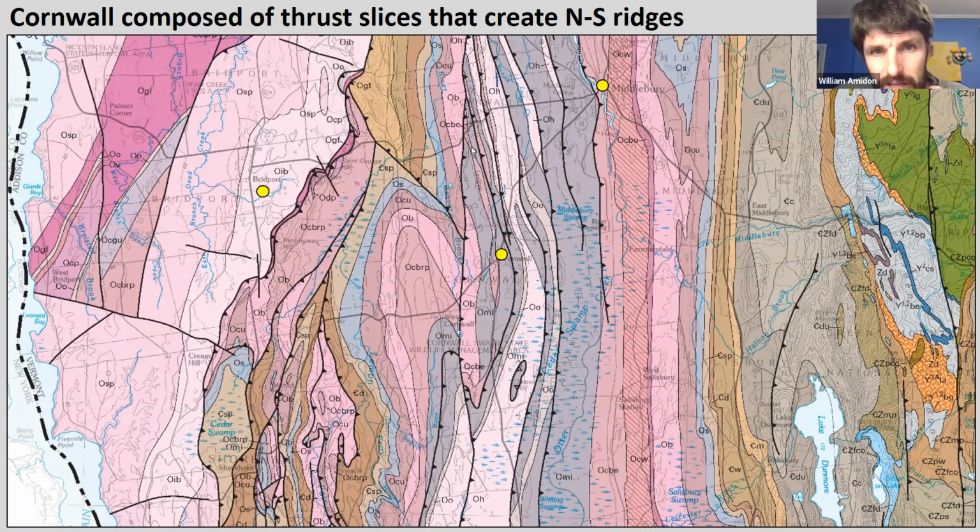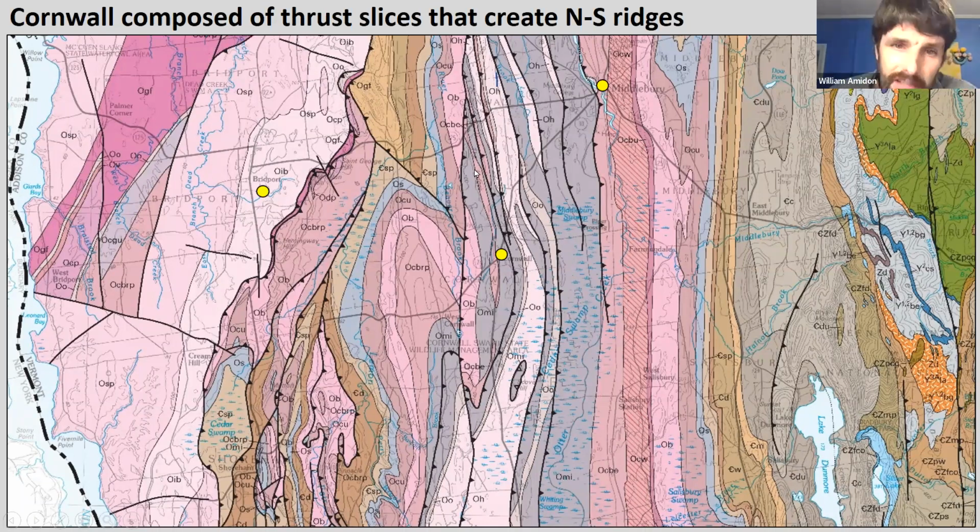And in some cases, when that happens, you actually repeat the stratigraphy. For example, if we look up here near Ridge Road and the ledges area, you'll see these 1, 2, 3 thrust slices right in a row. And they're repeating this pairing of the Bridport formation and the Middlebury formation. This pink and gray keeps being repeated by these thrust slices.